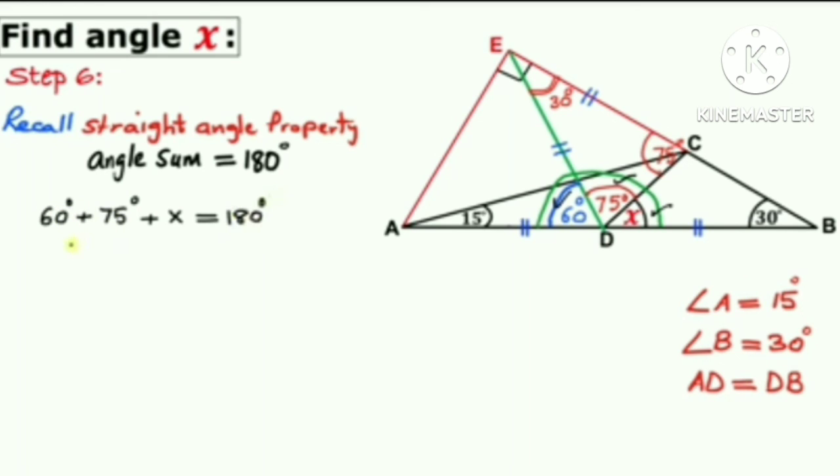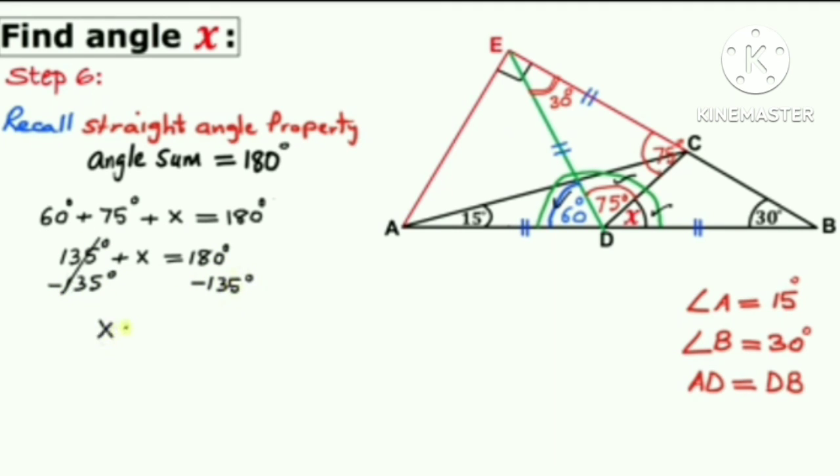Now let's go ahead and combine the like terms. 60 degrees plus 75 degrees is going to be 135 degrees, plus x equals 180 degrees. Let's subtract 135 degrees from both sides. This is gone.